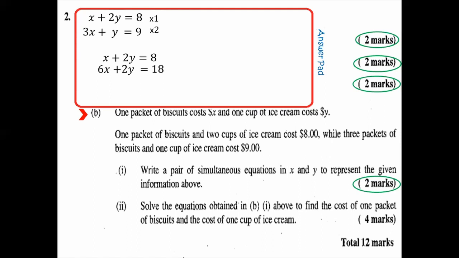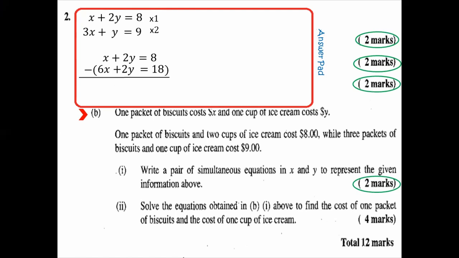So doubling everything in that bottom equation there. And what you're going to notice now is that the coefficients for the y are the same. So 2y is same as 2y here. So we can eliminate this one now by subtracting the equations, the bottom one from the top one. That's how the process of elimination is done with simultaneous equations, right?